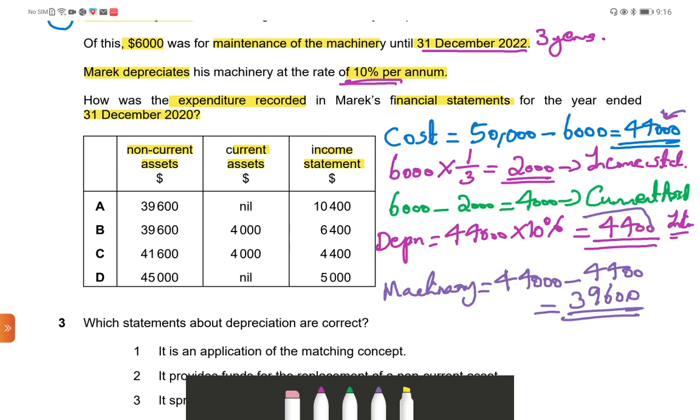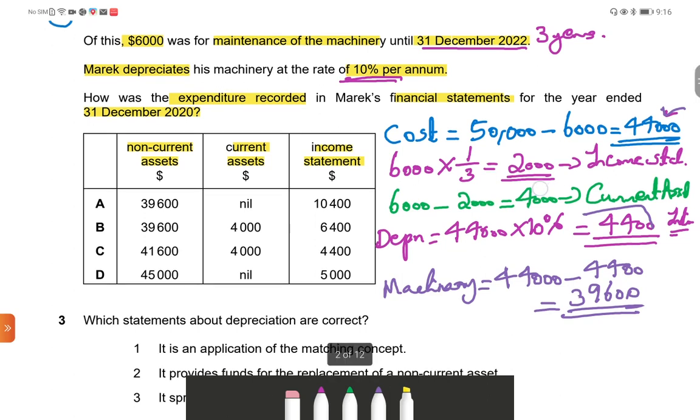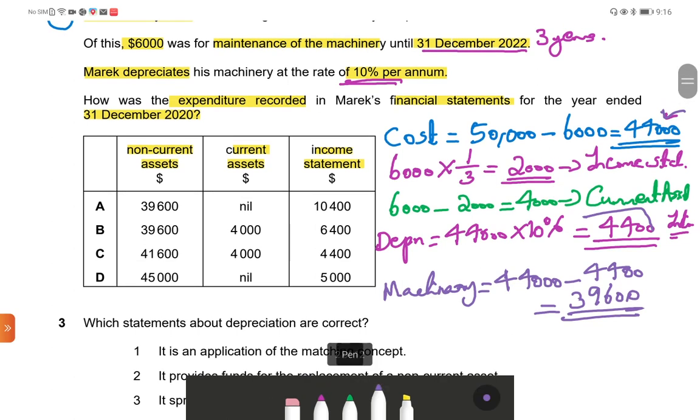So we have to check the option next, current asset. What is the value of current asset? The current asset value we already calculated, 4,000 here. So B, 39,600 is the non-current asset. Current asset 4,000. Income statement.